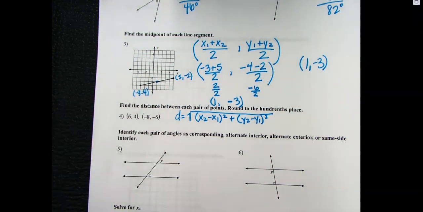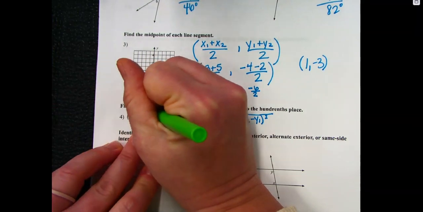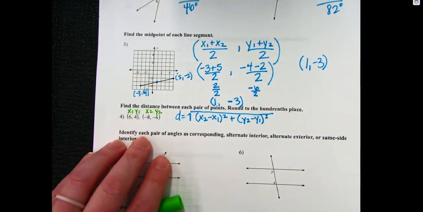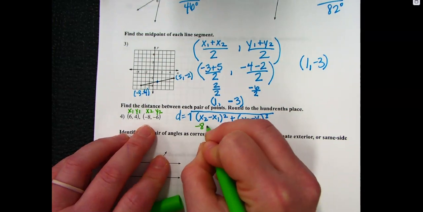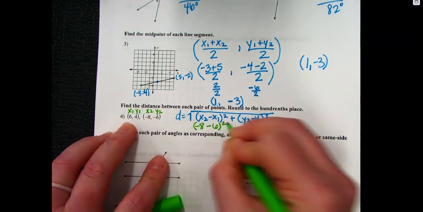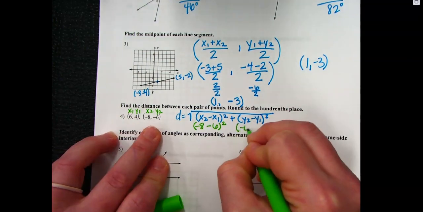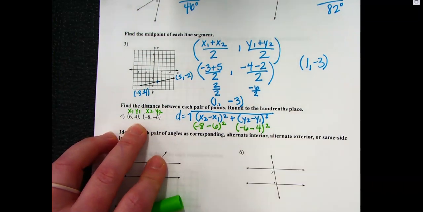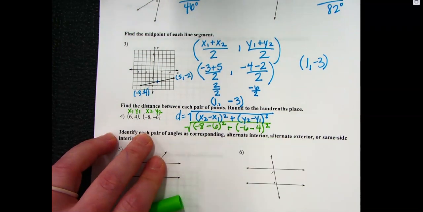I like to label each of these points x1, y1, x2, y2, just so I don't get confused. Then you'll plug them in. So x2 is negative 8 minus x1, which is 6, in parentheses, squared. y2 is negative 6 minus 4 in parentheses squared. There's a plus sign in the middle, and this is still all underneath the radical.